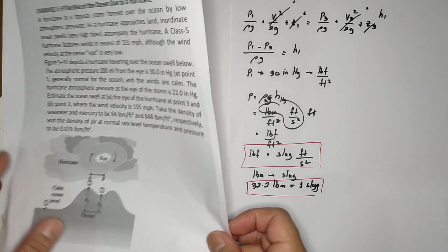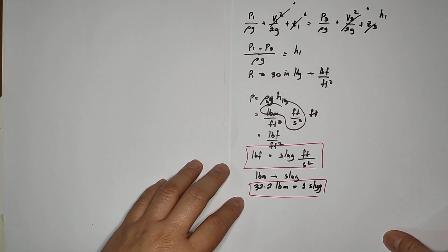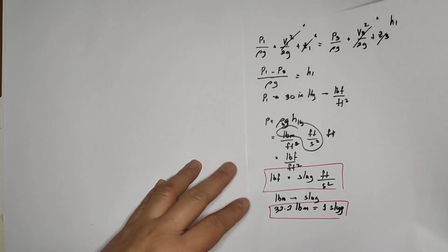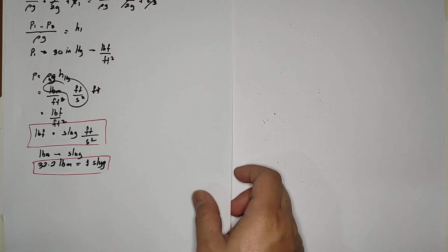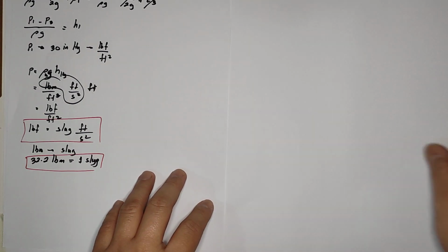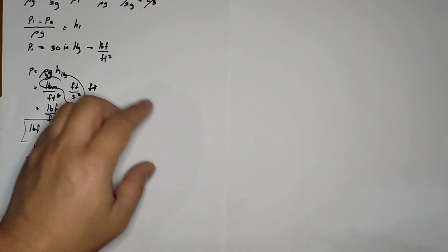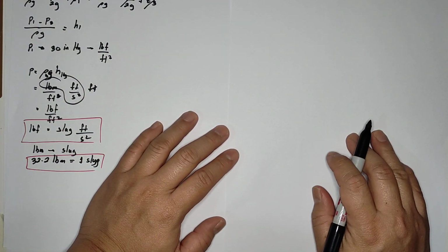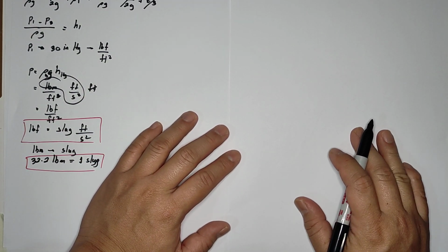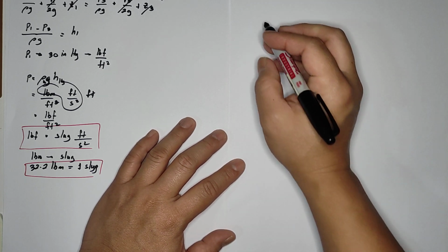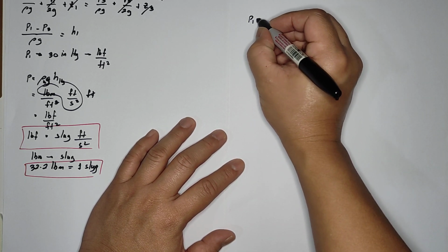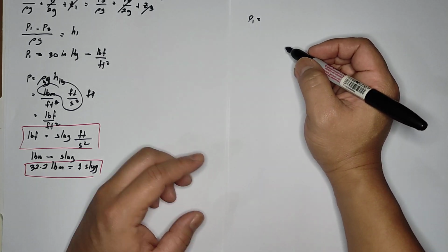So with that, we can now convert the 30 inches Hg into pound force per square foot. So P1 now: you have rho.